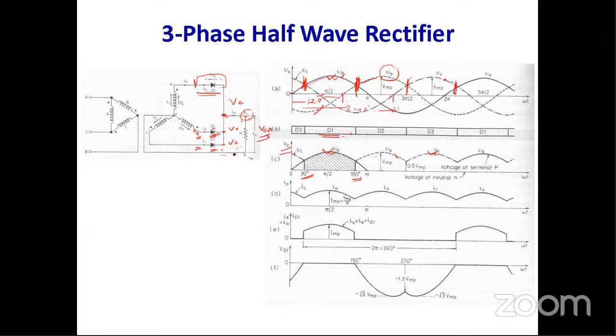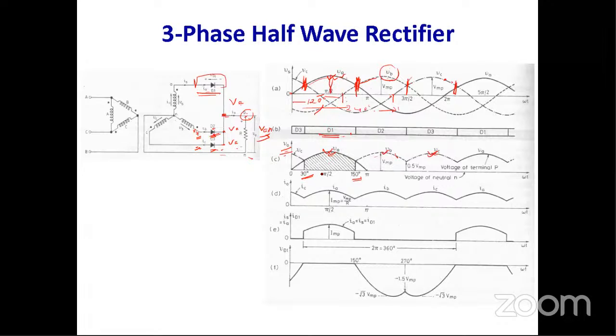So the voltage of the point P is basically VA or VB or VC: VA in this region, VB in this region, and VC in this region. Also, if you observe this voltage, this is the maximum value of any voltage.